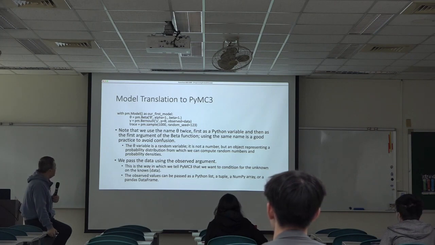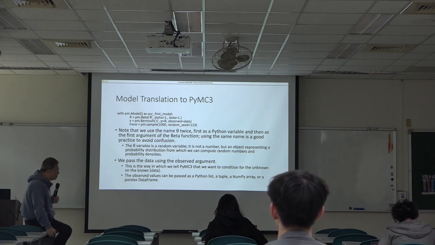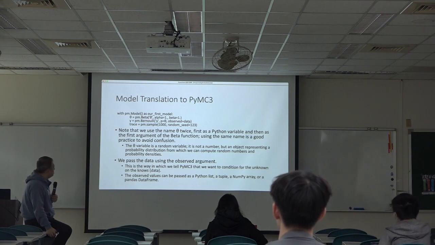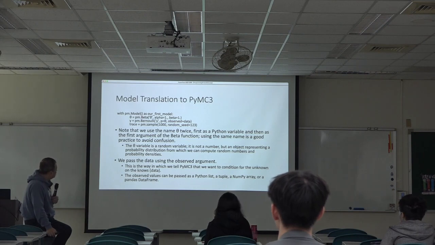And then here we call PM.sample for 1,000 times with a given random seed. You can change the random seed if you want different samples, by the way, and we will store all the results in the trace. This is an object.